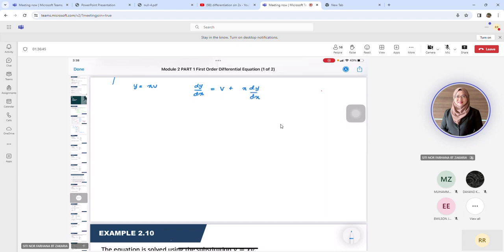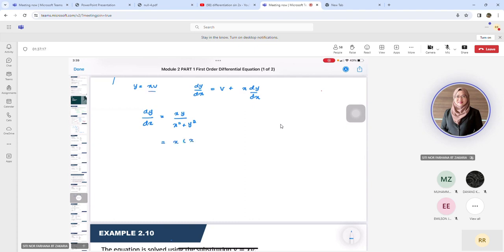So our general equation, our DE is given as dy over dx equals xy over x power of 2 plus y power of 2. So this is a homogeneous equation. So we use the homogeneous method. Okay, you need to replace y with this value xv. So replace y with xv.